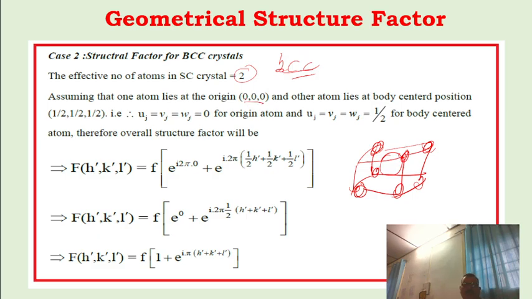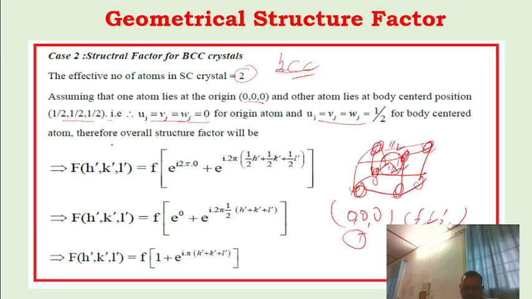One atom lies at the origin 0 0 0, the other lies at the body center position 1 by 2, 1 by 2, 1 by 2, because from there to there the distance is half. If this is your 0, this distance is half, from here this is also half, and in the third dimension this is also half. So the coordinates are 0 0 0 for the first atom, and for the second, half, half, and half. Atom number 1, atom number 2.